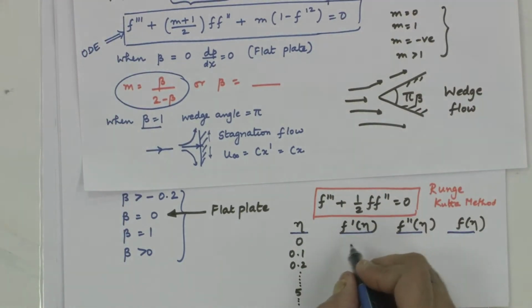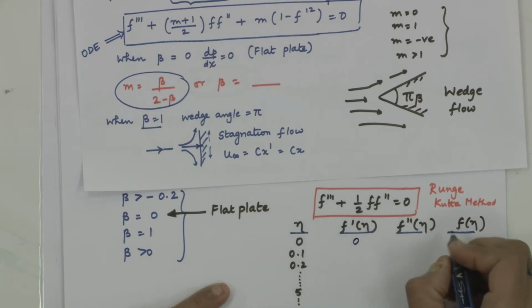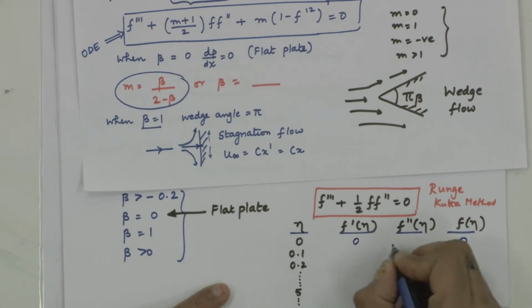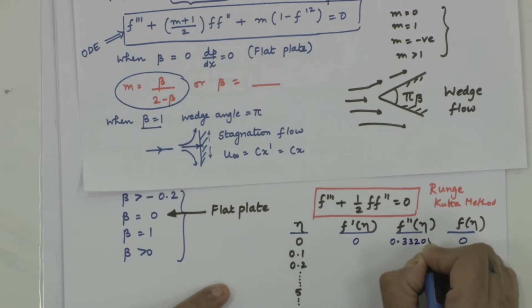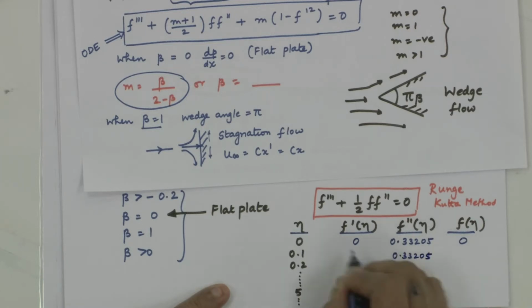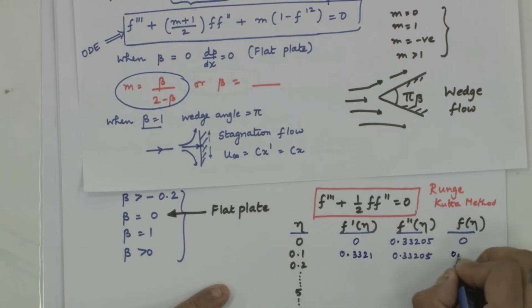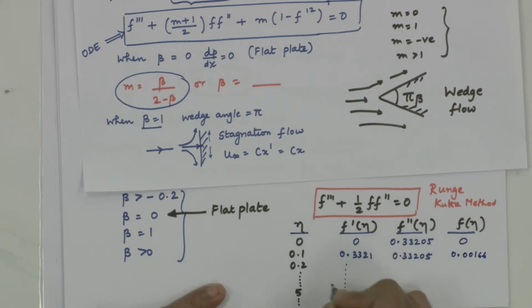So, you get for eta equal to 0, f prime is 0, f is also 0, f double prime is 0.33205. Next number is 0.33205, f prime is going to be 0.3321, f is going to be 0.00166, and you generate this table.